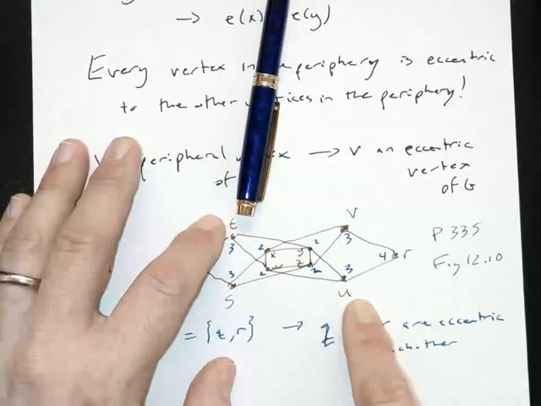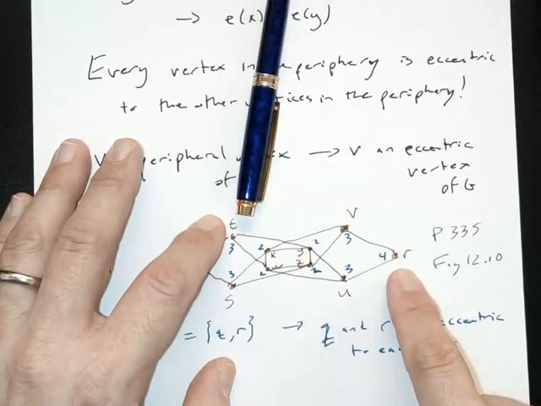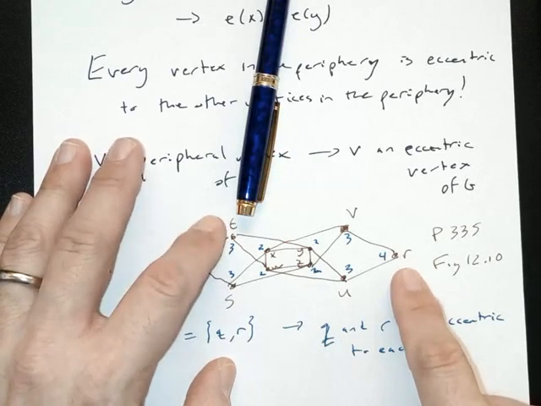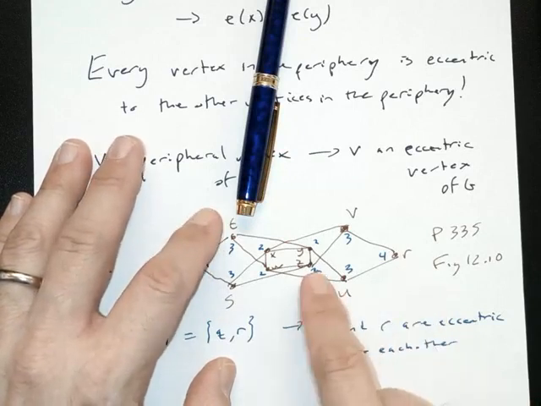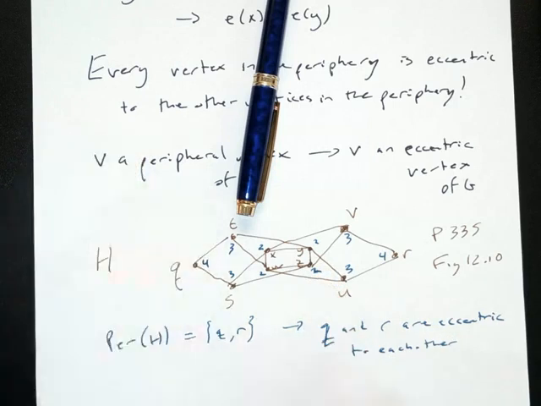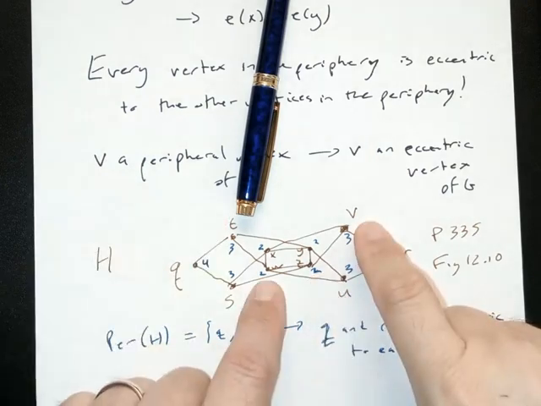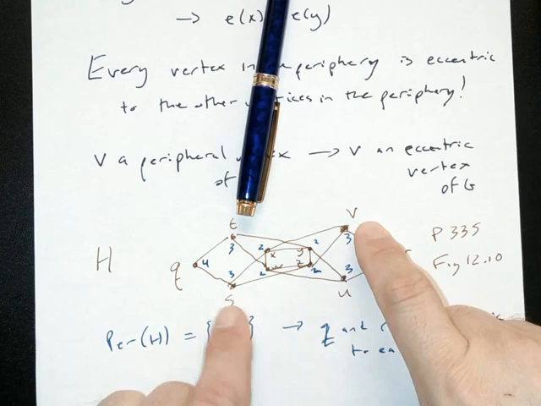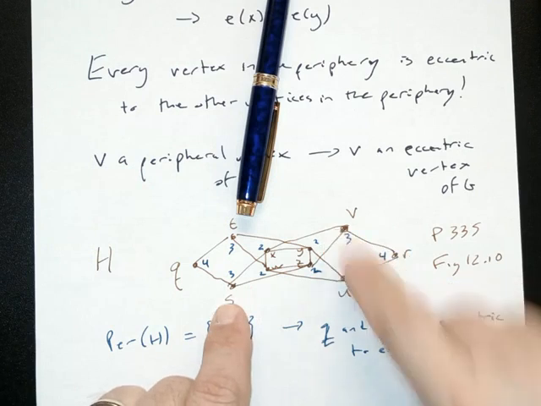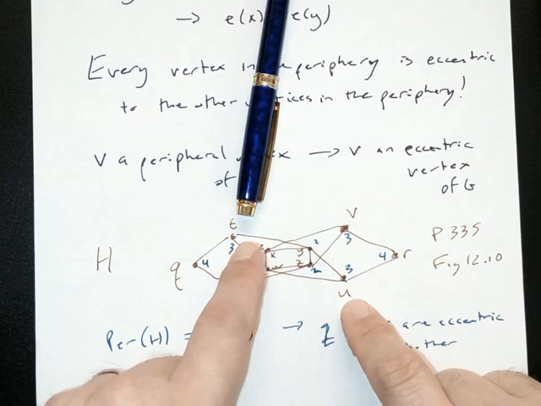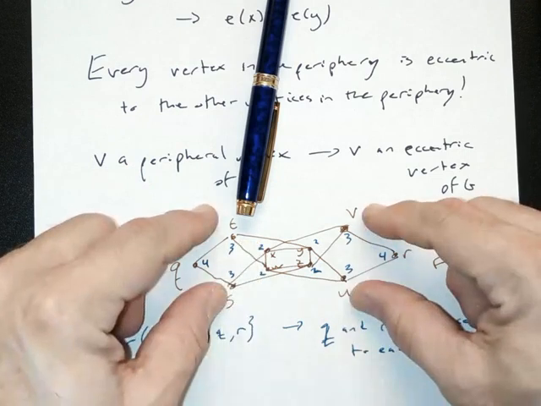So R is eccentric to T. T is eccentric to Z. T is an eccentric vertex. But if T is eccentric to Z, by symmetry, V is to W, S is to Y, U is to X. Well, that means these 4 are all eccentric. They're eccentric to these.